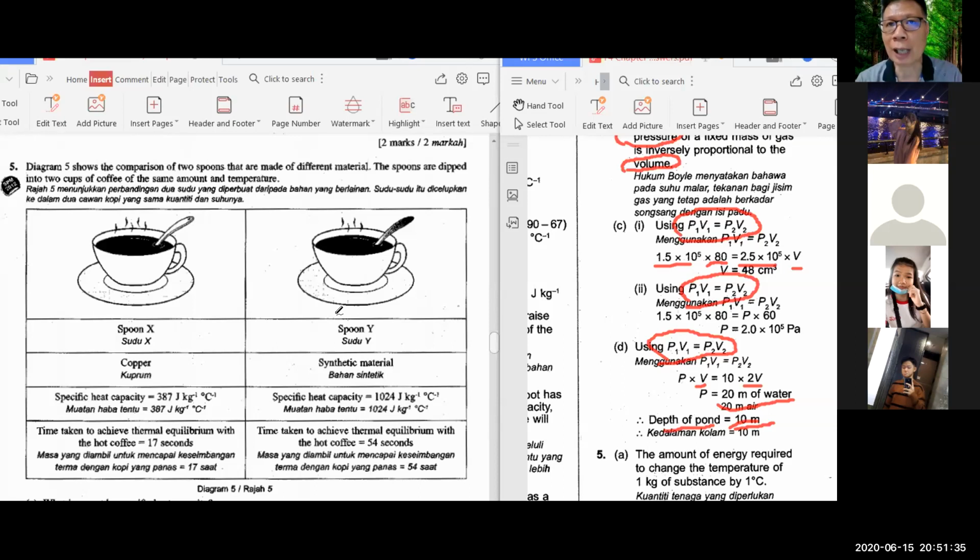Then your structure and your essay questions, Paper 2, let me explain. Your Paper 1 objective, 40 questions, 40 marks only. Your Paper 2, you have structure questions and also essay questions. Altogether is 100 marks.